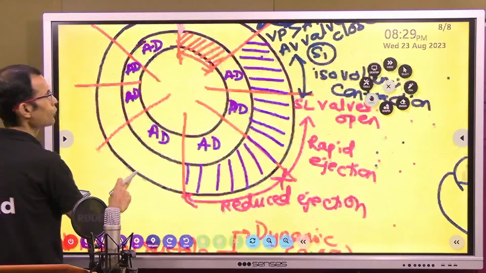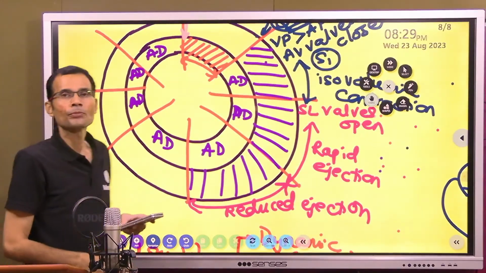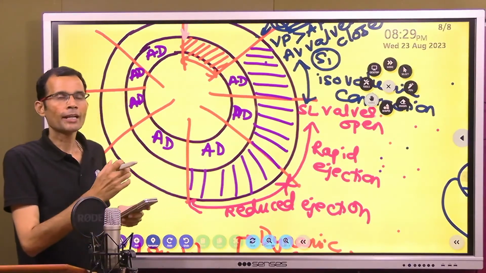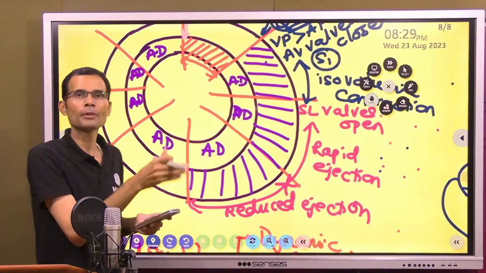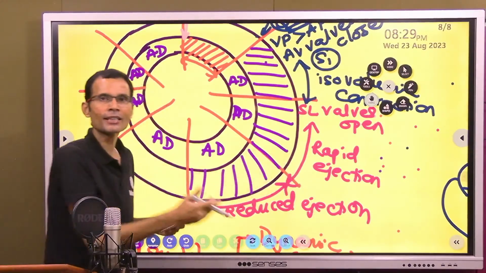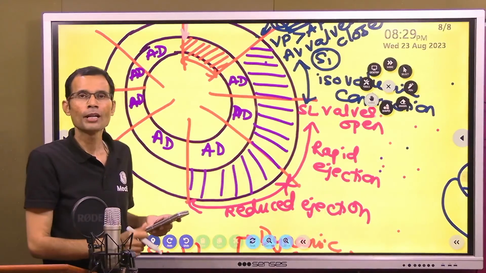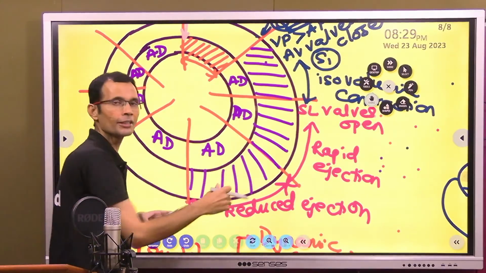Why is it described as auxotonic contraction? It's because, as the systole happens and then ejection, blood starts filling into the aorta and pulmonary artery. So for further and further ejection, there will be resistance to the outflow, and the ventricle has to overcome this resistance and further eject the blood.